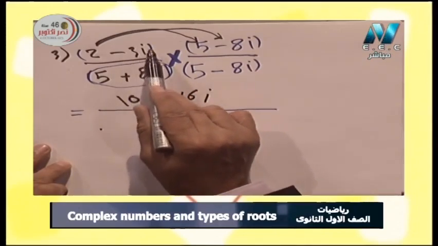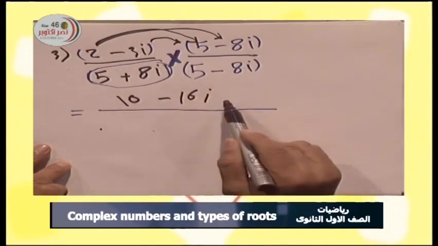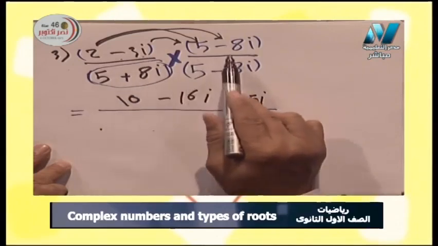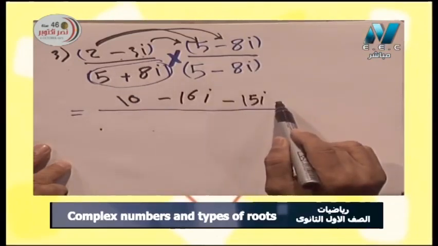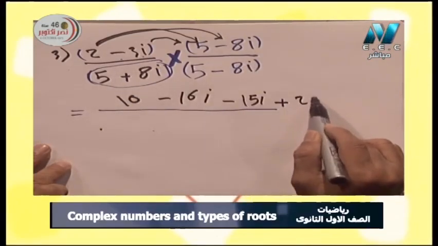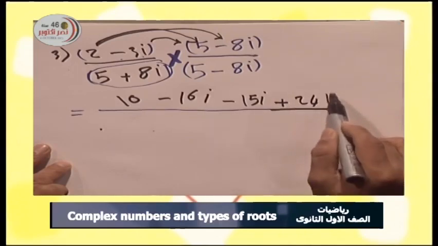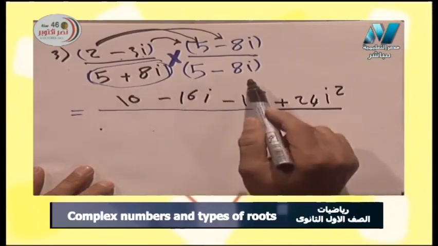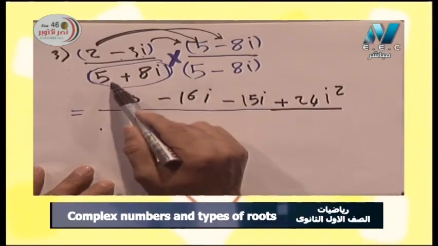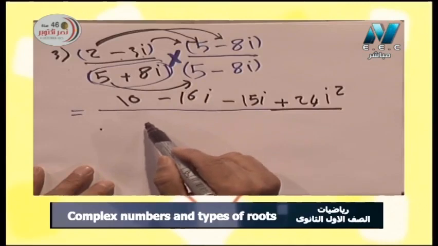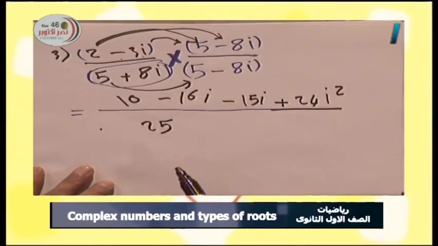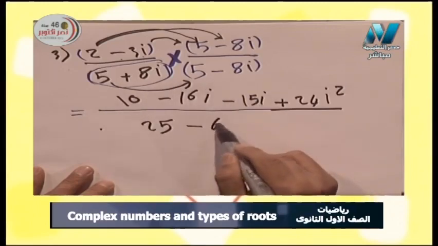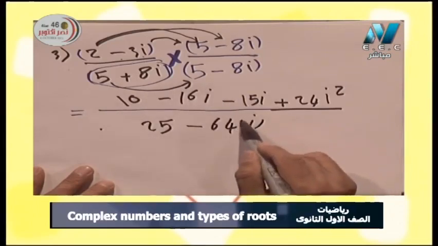Negative 3i multiplied by 5 equals negative 15i, and negative 3i multiplied by negative 8i will be positive 24i power 2. And we have these two numbers here. 5 multiplied by 5 equals 25, and negative 8i times 8i equals negative 64i power 2.